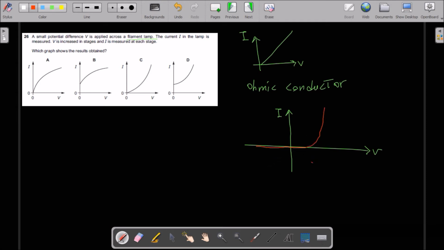So this is for the semiconductor diode. And C will be for the thermistor. D and B will be wrong. That's why A will be right. So A is the IV graph for the filament lamp.